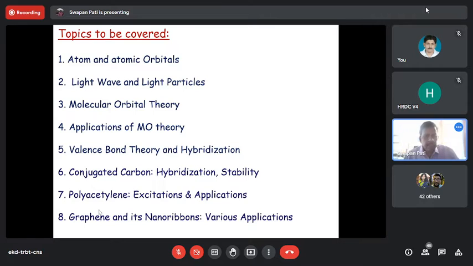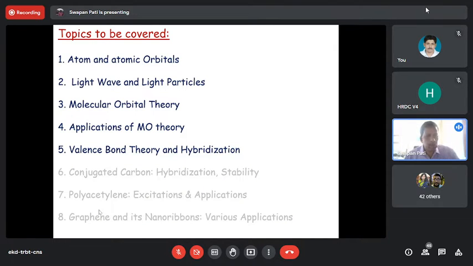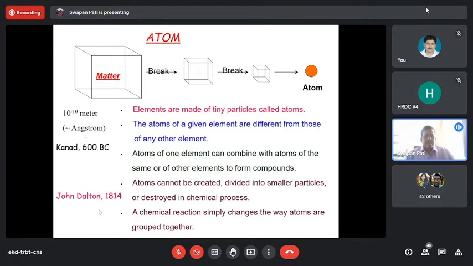All right. With this, let me go first to atomic orbitals and valence bond theory. Atoms, as all of you know, are of the order of 10 to the minus 10 meter, the angstrom order. In 600 BC, Kanada had suggested that elements are made up of tiny particles called atoms.